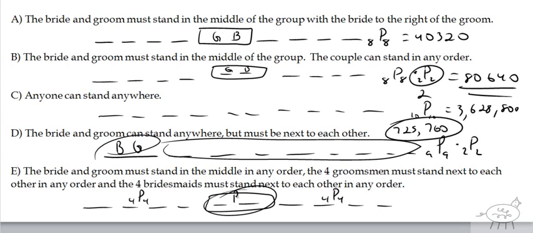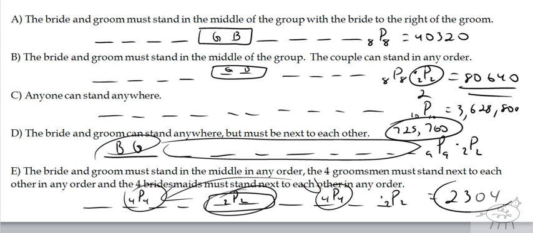So that's 2p2. Are we done here? Actually not, because can't the bridesmaids and the groomsmen, can't they switch sides as well? So it's really times another 2p2. And so it's 4p4, 2p2, 4p4, 2p2. You multiply all that together, and you get 2,304 ways.